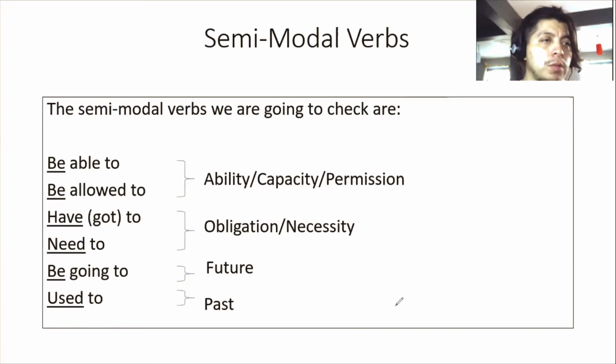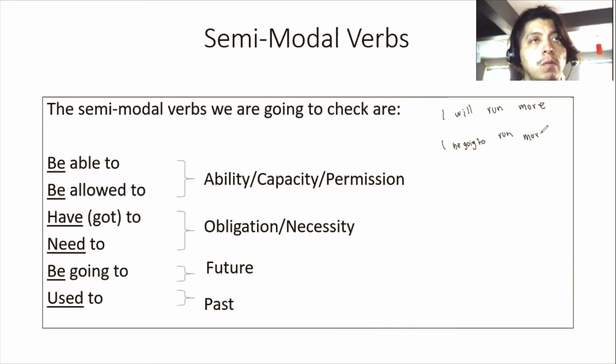If you say something with be going to, in the future, you can say, I will run more. Or you can use the semi-modal verb, I am going to run more.